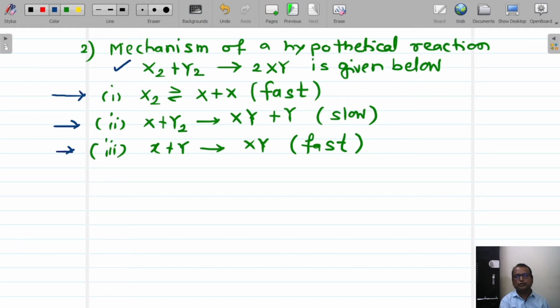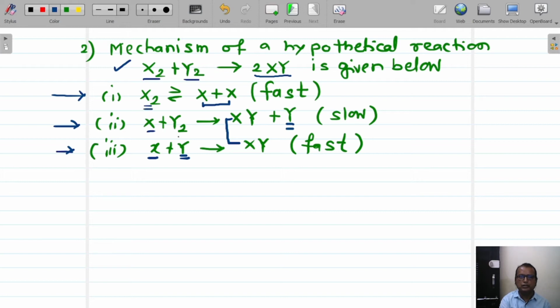When the three stages are added, X and X get cancelled, then Y and Y get cancelled, and XY and XY become 2XY.